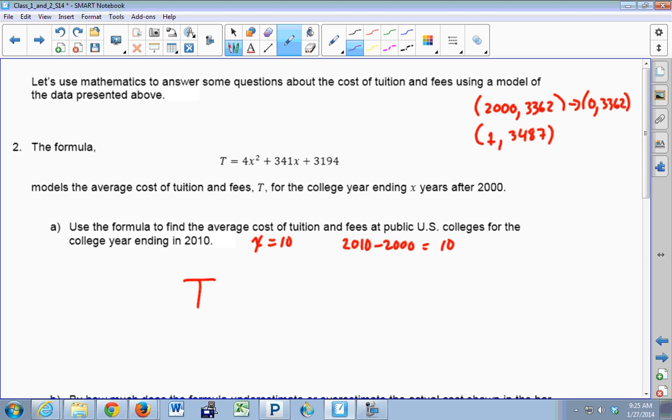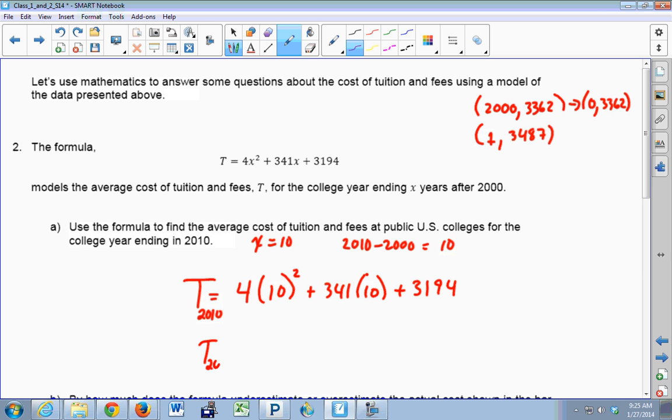So to find the value of tuition in 2010, and if you wanted to, you could put a little subscript on it so you know that you're looking at the year 2010. You go 4 times X, which is 10, squared, plus 341 times 10, plus 3,194.